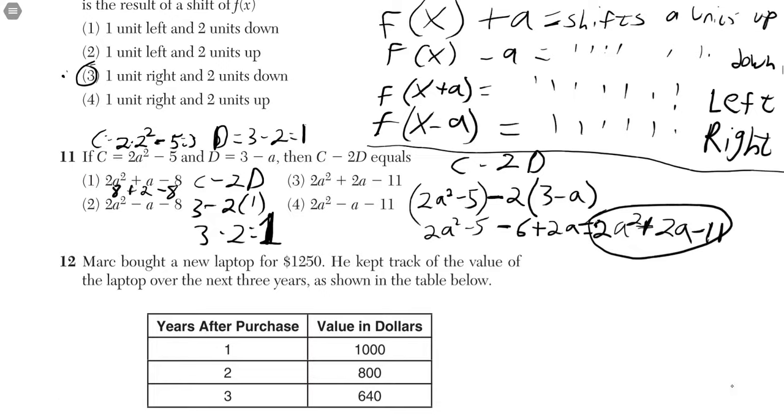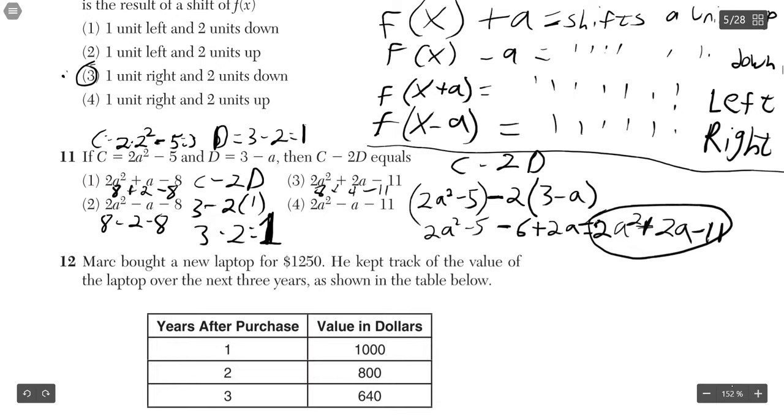So that wouldn't work. We need it to come out to 1. Here, 2 times 2 squared is 8, minus 2 minus 8, that would come out to negative 2. That wouldn't work. If I plug in a 2 for a here, I would get 2 squared is 4 times 2, that's 8, plus another 2 times 2, that's 4, so 8 plus 4 is 12, minus 11, that comes out to 1, so that would work.